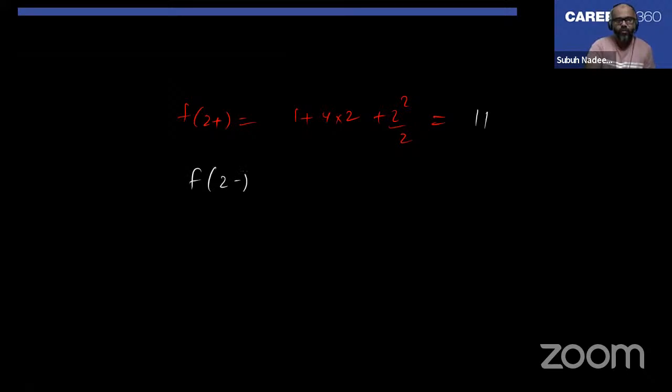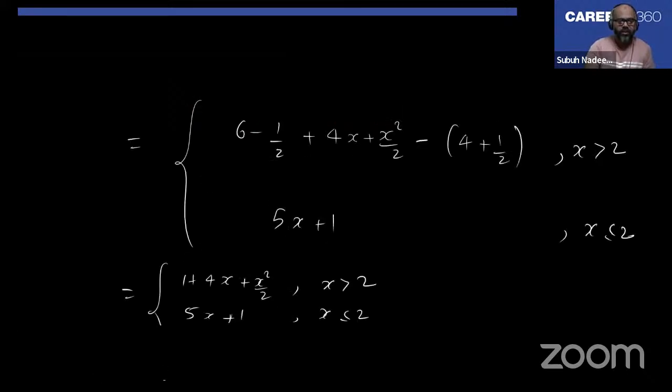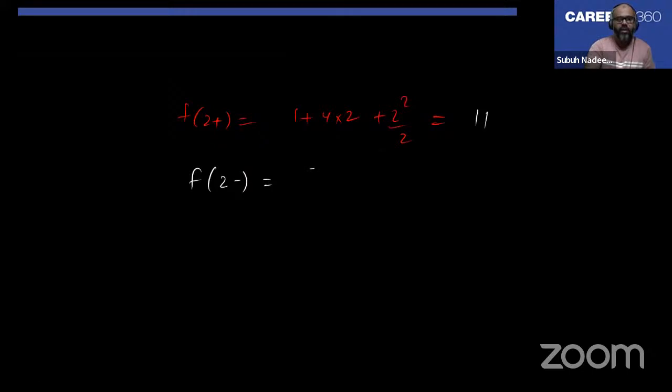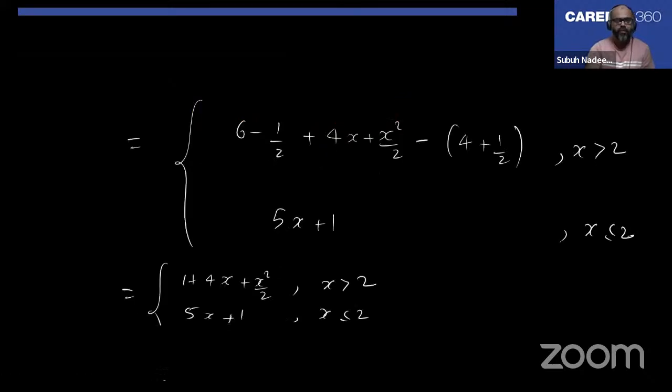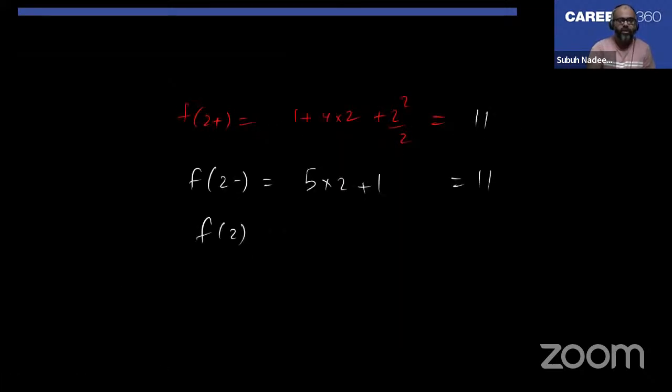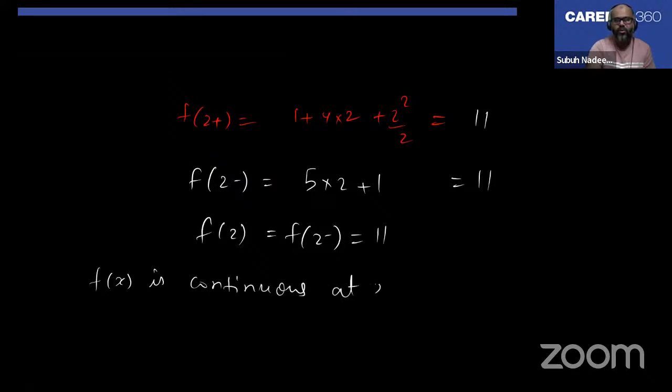And if we take f of 2 minus, then it will be 5x plus 1, so 5 into 2 plus 1, which is also 11. And f of 2 obviously is the same as f of 2 minus, so this is also 11. So the function f(x) is continuous at x equal to 2, and at all other points, obviously.